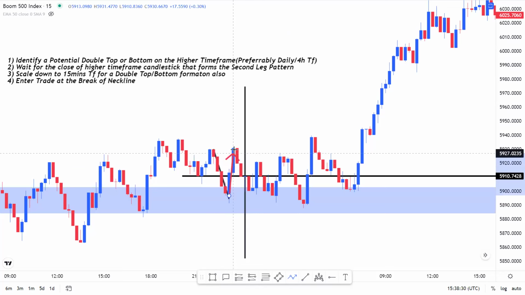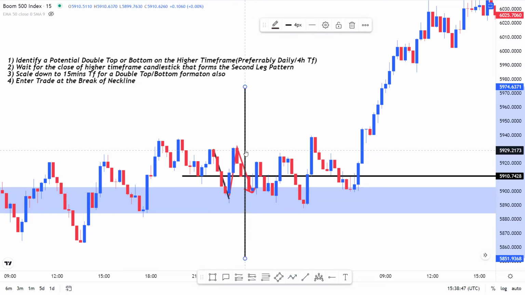And then we had a buy movement to the upside. And then we had quickly come back a second time to form the potential double bottom, being the second leg of the 15 minutes time frame W pattern.